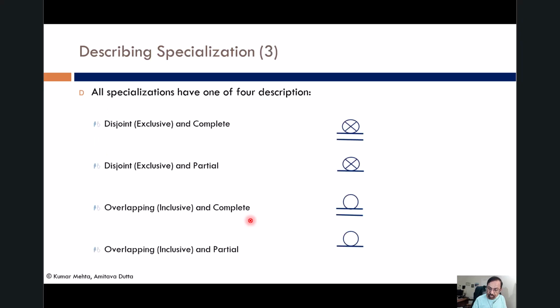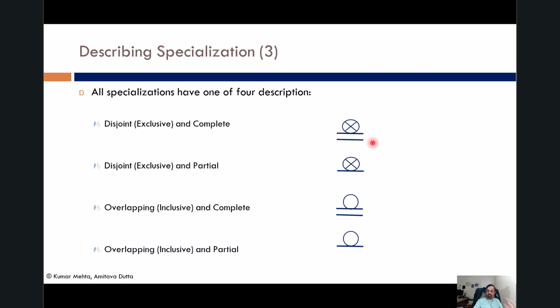So this rather detailed discussion that we have had about generalization and specialization, just refinements of our concept of an entity, these are the symbols that are associated with the narrative that we've just had. So you could have a circle with an X on it with two bars at the bottom.